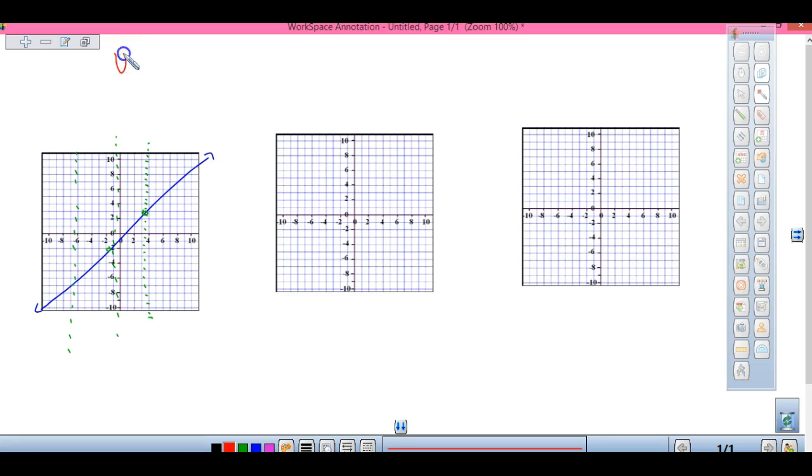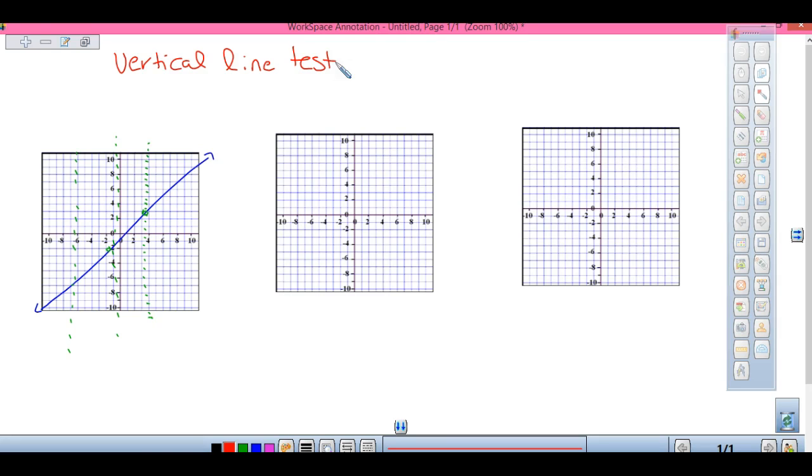It is called the vertical line test. If I draw vertical lines through my graph, and each line only goes through the graph one time or intersects it once, then it's a function.